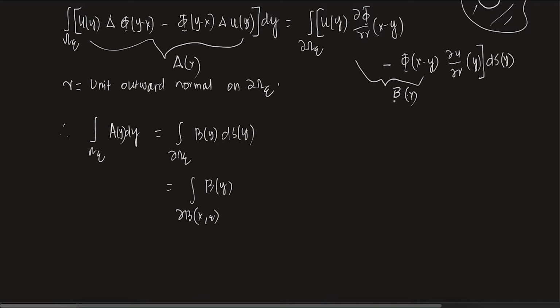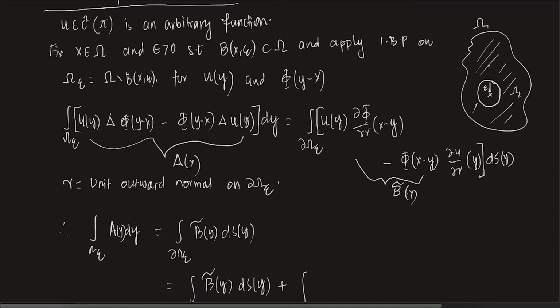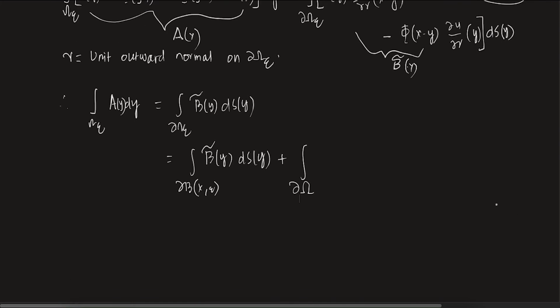Let's call the big expression B tilde, because the ball I am writing as B. So it is the integral over the boundary of the ball of B tilde of y dS of y, plus the integral over the boundary del omega of B tilde of y dS of y. The boundary of omega epsilon is this one plus this one. I'm just breaking it up like that. Clear?